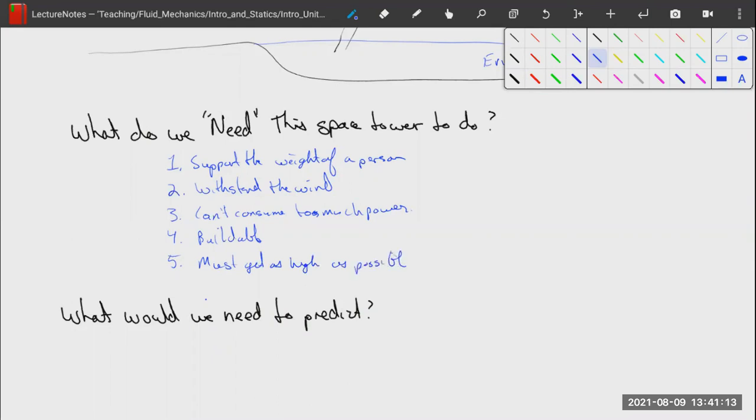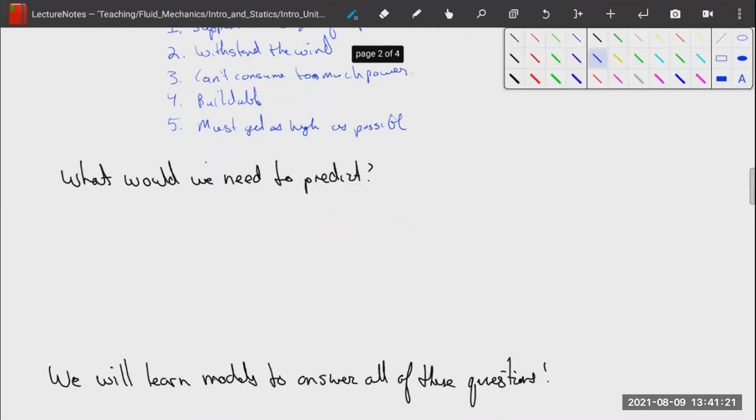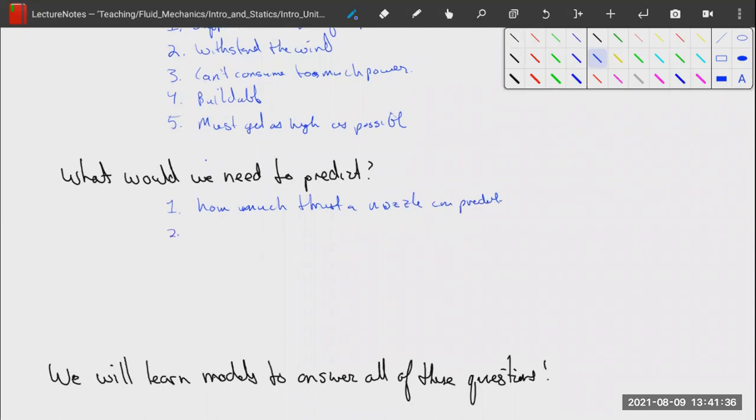And what's fun is that we will cover models in this class that help us predict these things, right? We will be able to calculate how much thrust a nozzle can produce. We can calculate how thick our pipe needs to be.